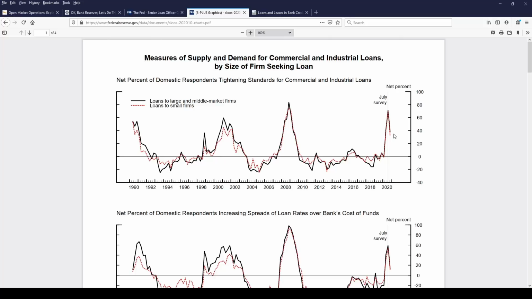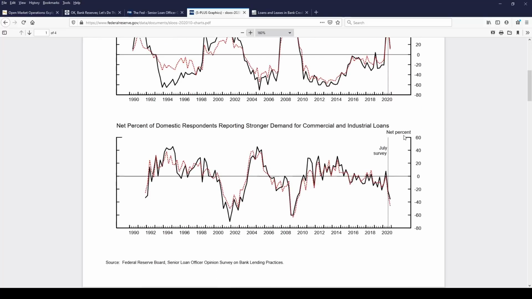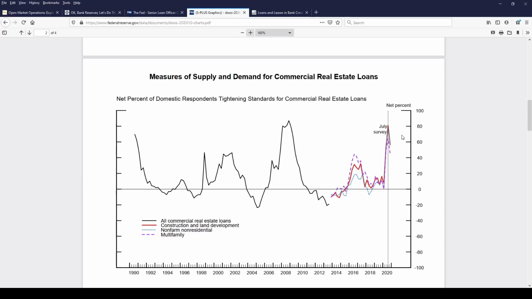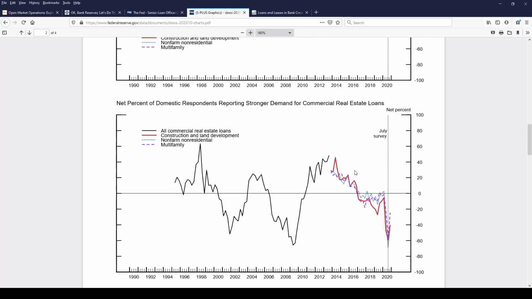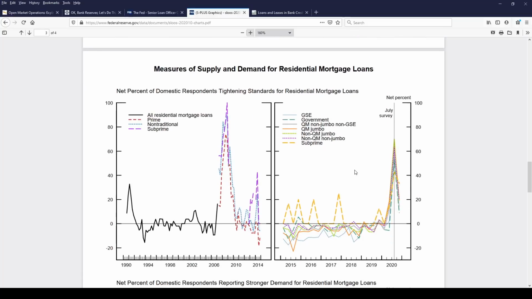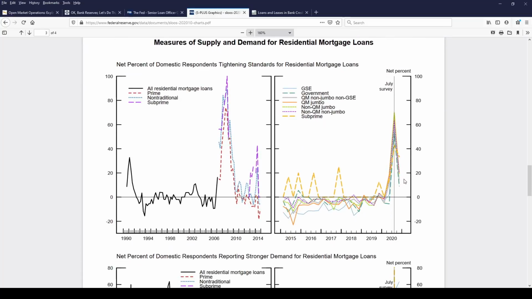What you can see here is that financial conditions are as tight as they've ever been in history. And we can continue to look and see that this is even true with commercial real estate loans. Financial conditions are really tight because during the past expansion, they barely eased from their prior levels. And even in the residential market, we see really tight financial conditions.